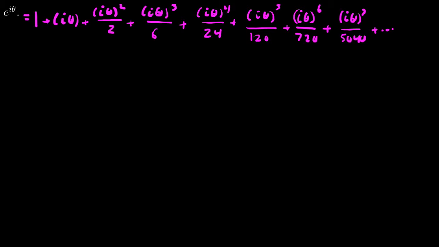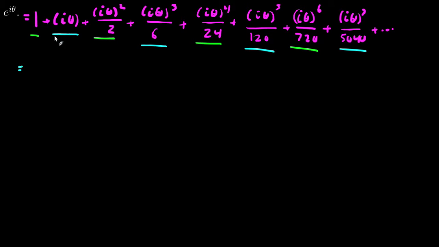And what happens now is this. I want the odd powers to go to sine. I want the even powers to go to cosine, but I don't have the alternating yet. I actually do. So let's look at the odd powers first.